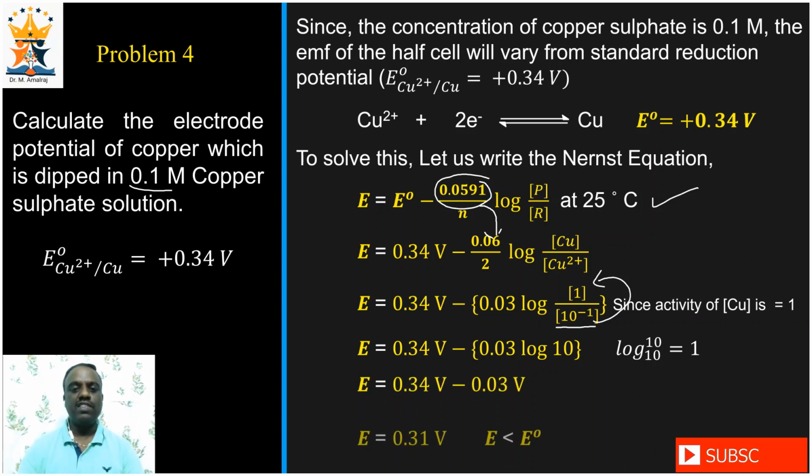When we solve this we will get 0.31 volt. See that in this case the EMF of this cell is different from the E naught, and is lesser than the standard reduction potential. So if the electrolyte concentration is lesser, then ultimately E will be lesser than E naught.